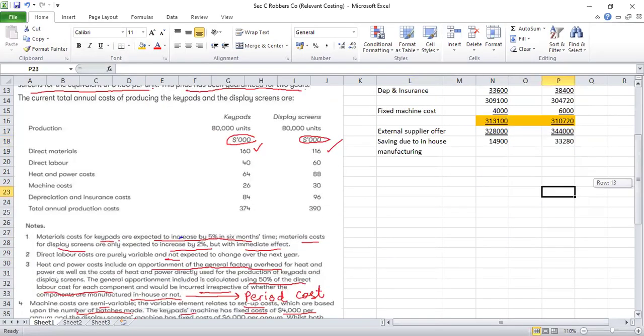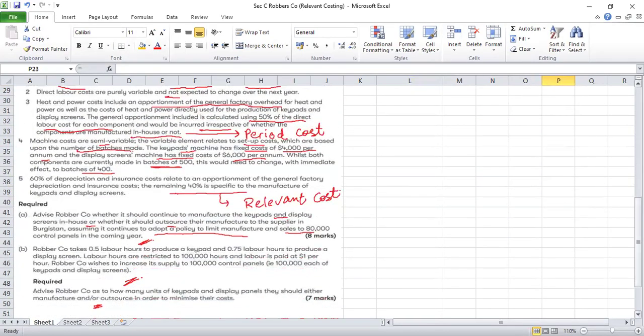Now look at part B. He is saying the rubber company takes 0.5 hours to produce a keyboard pad, and 0.75 hours to produce a display screen. Currently labor hours are available at 100,000 and the cost is $1 per hour. The rubber company wishes to increase its supply to 100,000 control panels, that is 100,000 each of the keypads and display screens.